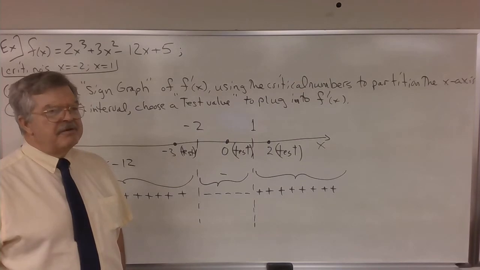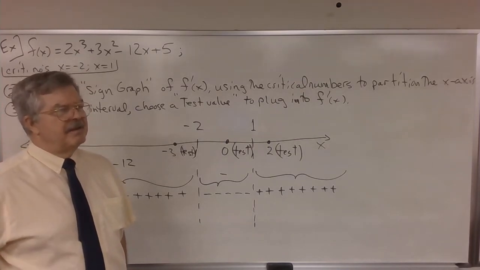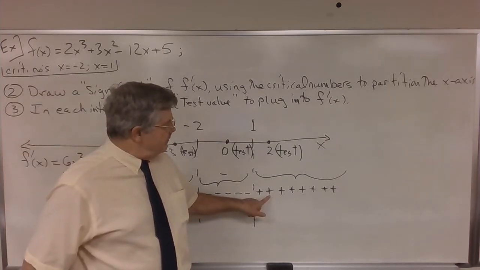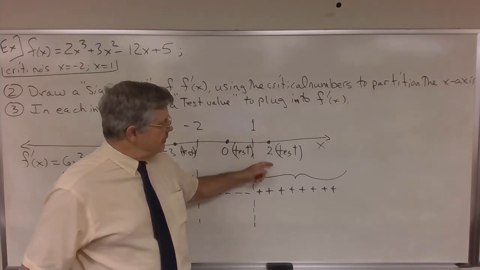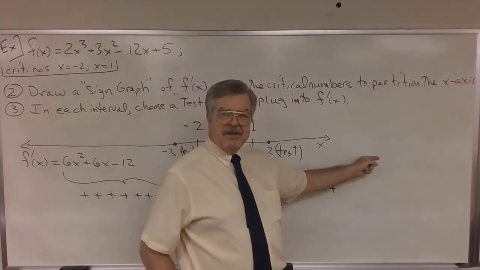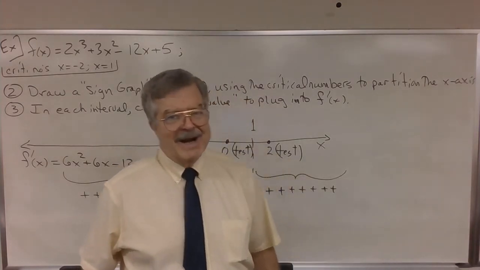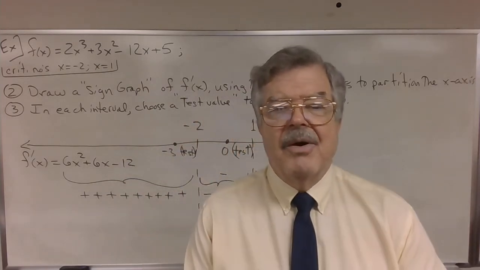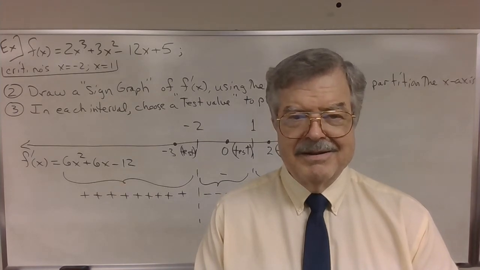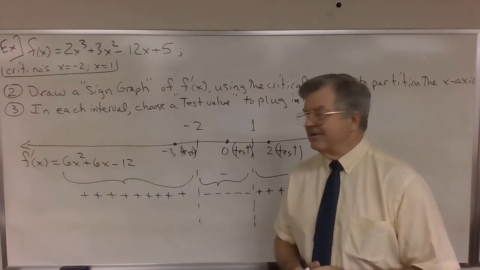And I think some of you have figured it out. The derivative is positive when x equals 2, and we can't have any value of x out here where the derivative becomes negative. Why? Because the only place where a derivative can change sign is where? At the critical numbers.